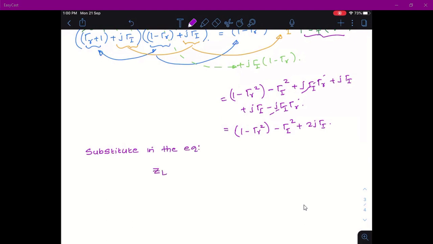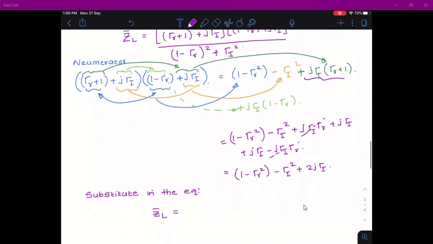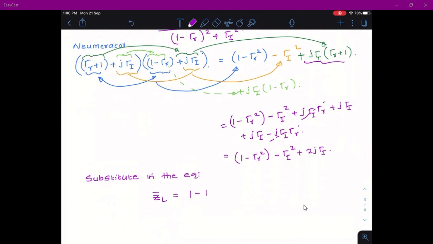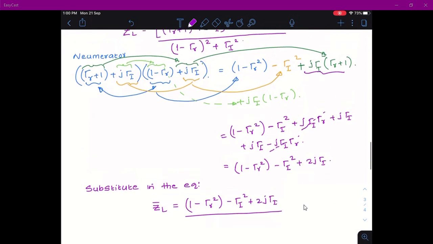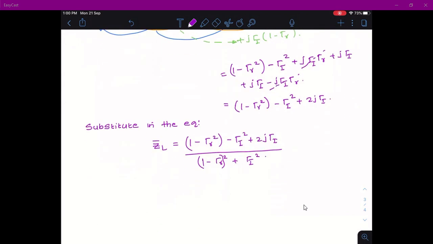So you get Z̄L = (1 − τr² − τI² + 2jτI) / ((1 − τr)² + τI²). Okay, now this is again complex.